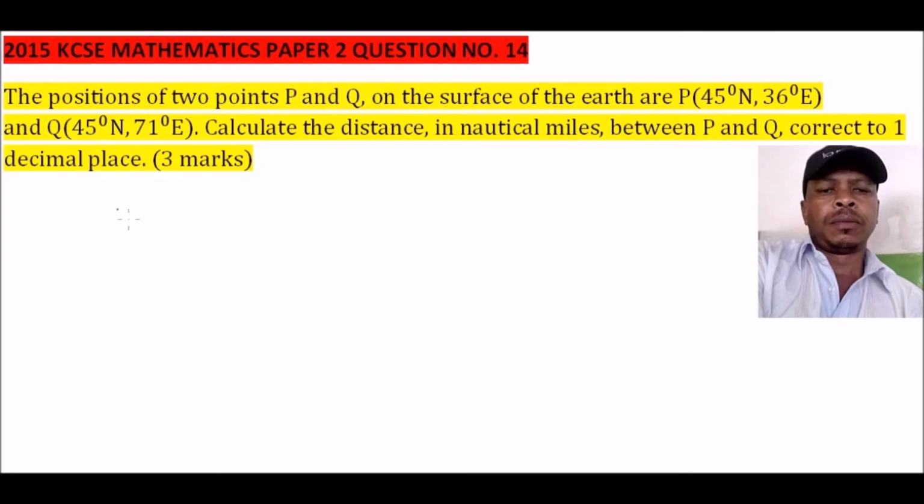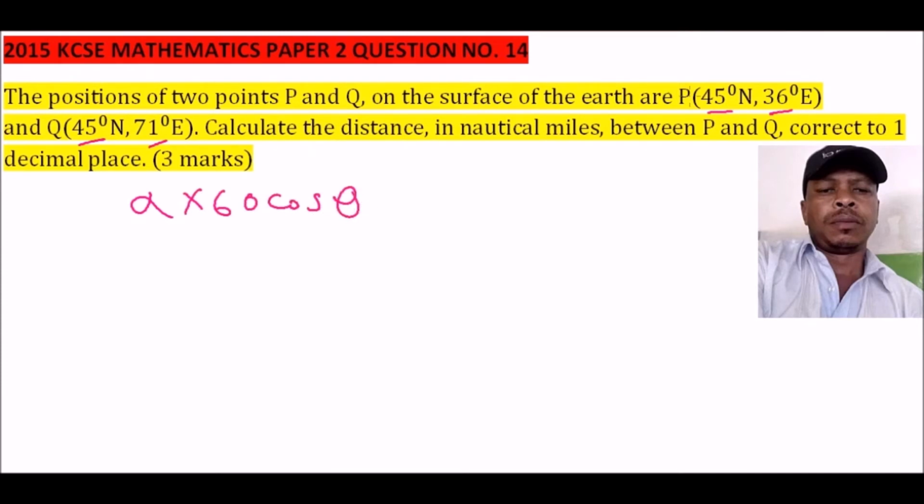So the formula that we use, these 2 points, we note that they are on the same latitude but different longitude. So we are going to use a formula that we use to get the distance between 2 points along the small circles, and this is the formula alpha multiplied by 60 cos theta.